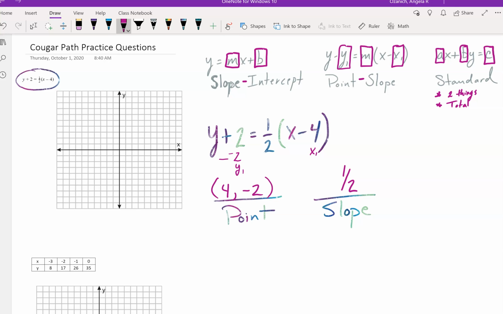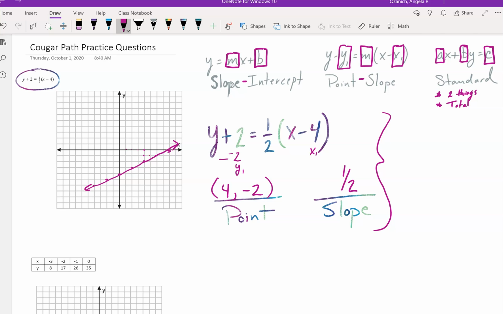Now, finding the point and the slope and graphing them is one way to graph your line, right? 1, 2, 3, 4, and negative 2. A slope of 1/2 means a rise of 1 and a run of 2. So we have this 1/2 slope going across our coordinate plane.